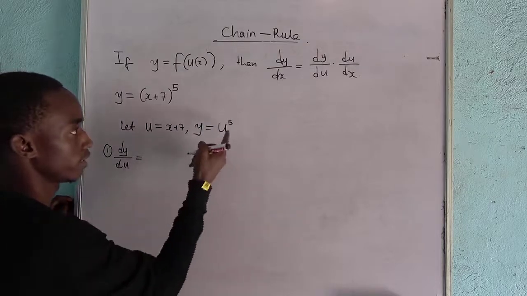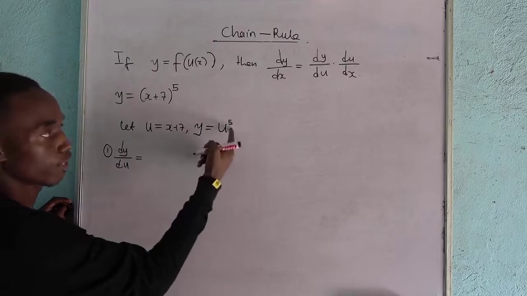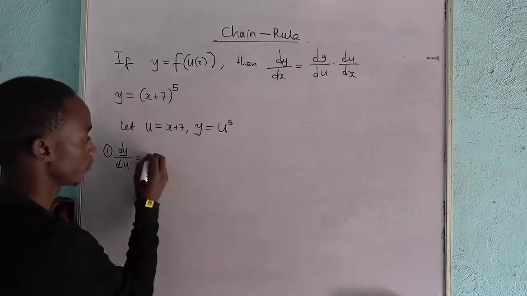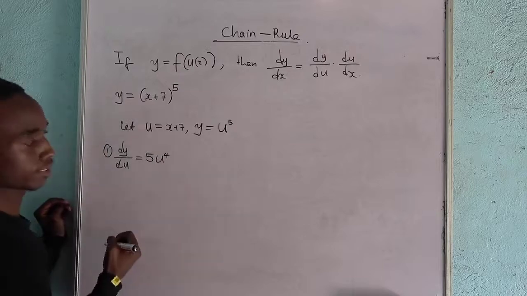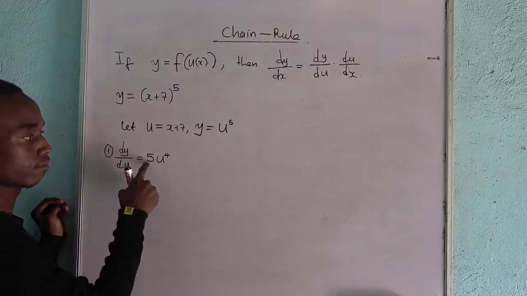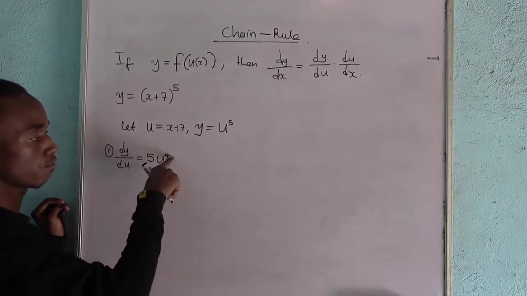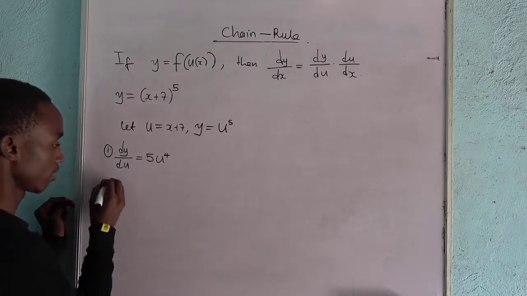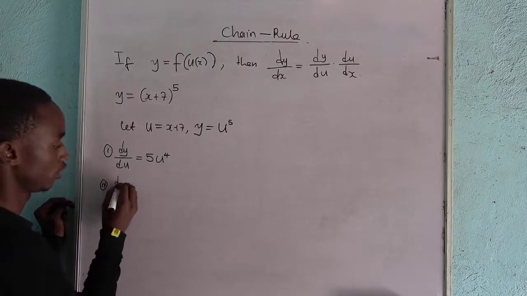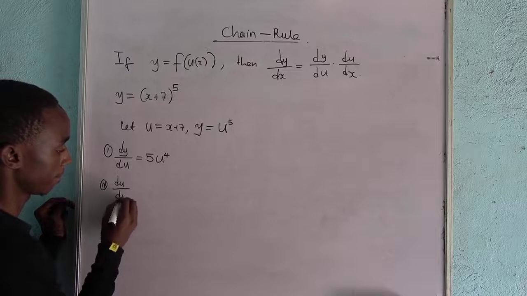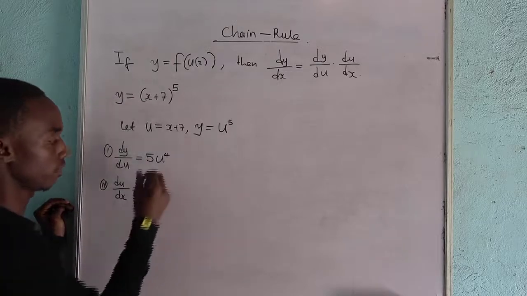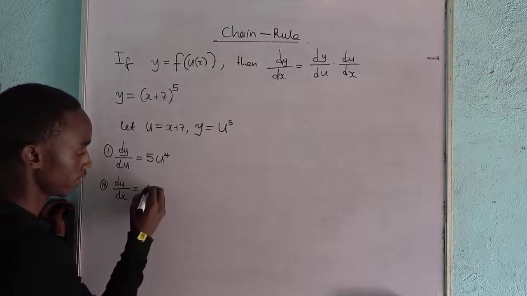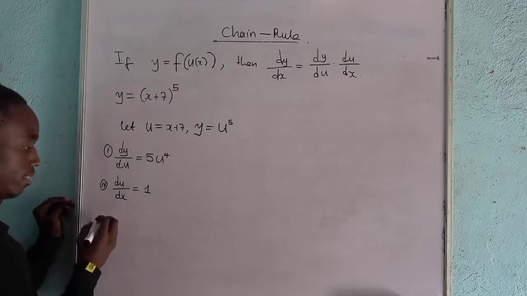Since because of the power, we are going to use the power rule where we drop down the power, so this is 5 times u to the power of 4. And then du/dx is based on what we have here, which gives us 1.